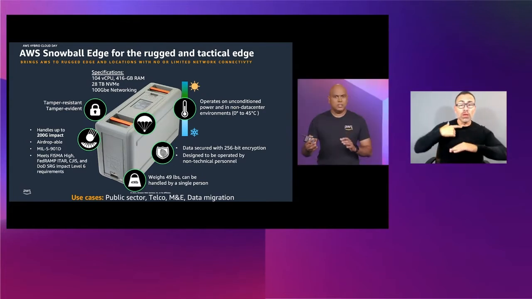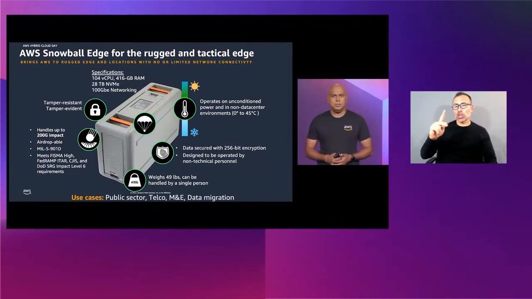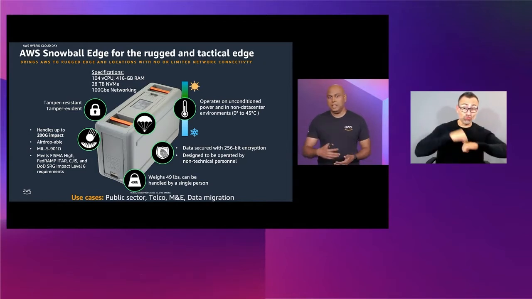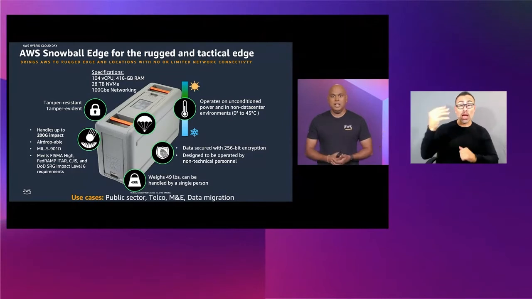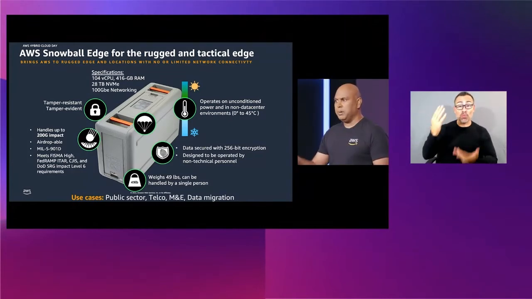As I told you earlier, it has 256-bit encryption, and it is built tough and built secure. You can deploy it outside of a data center where it can be too hot or too cold. For instance, customers in the public sector domain, or telco customers, if they want to deploy it outside next to a disaster recovery zone, you could use a Snowball Edge.